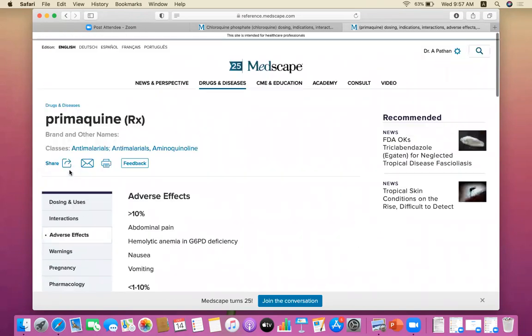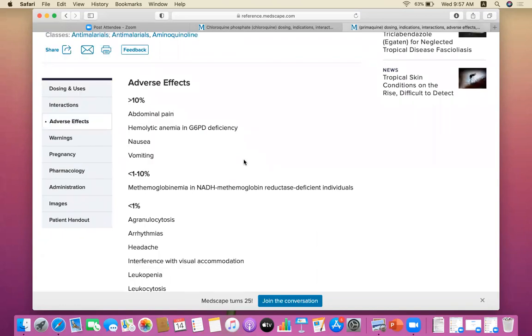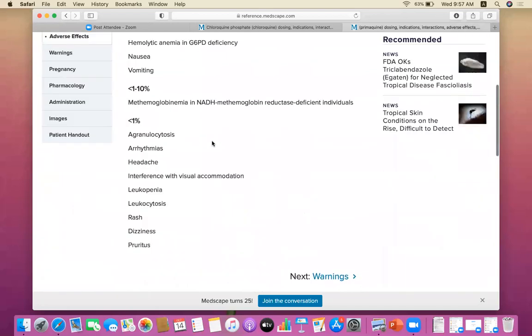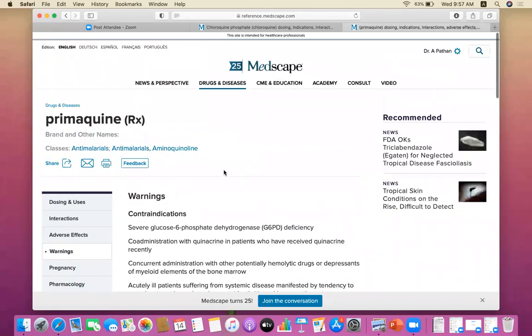What are the adverse effects of primaquine? More than 10% of the patients may feel abdominal pain, hemolytic anemia in glucose 6 phosphate dehydrogenase deficiency, nausea, vomiting, and there are minor ones also. What are the contraindications?